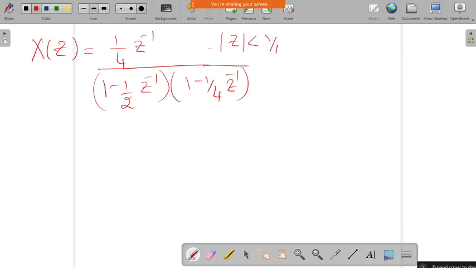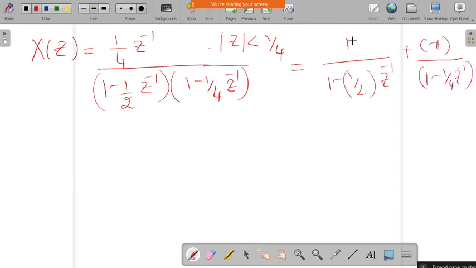So if I take the ROC Z less than 1 by 4, the same partial fraction we get here: plus 1 divided by 1 minus 1 by 2 Z inverse, plus minus 1 divided by 1 minus 1 by 4 Z inverse.